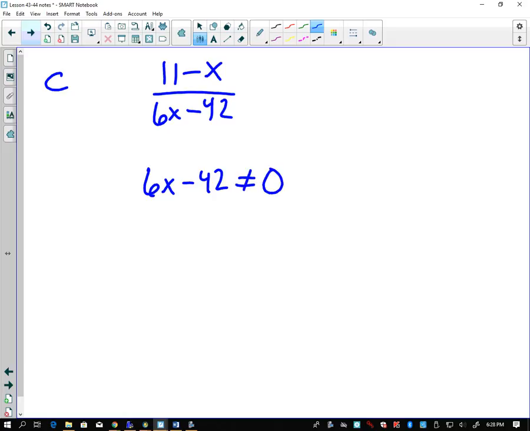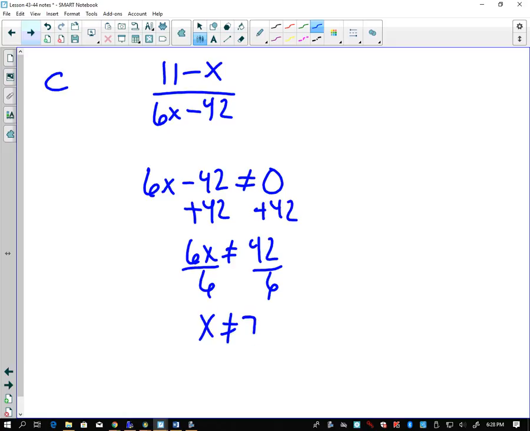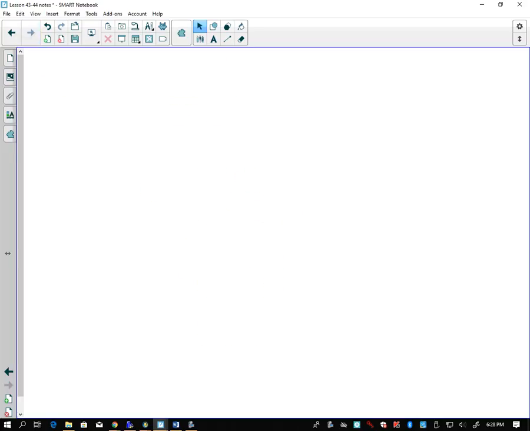What would give me 0 there? Add 42 to both sides. 6x shouldn't equal 42. Divide by 6. x should not equal 7. Okay, so that's C.